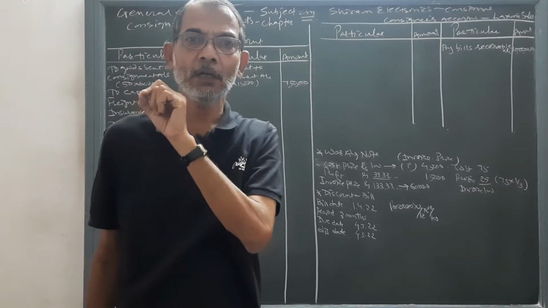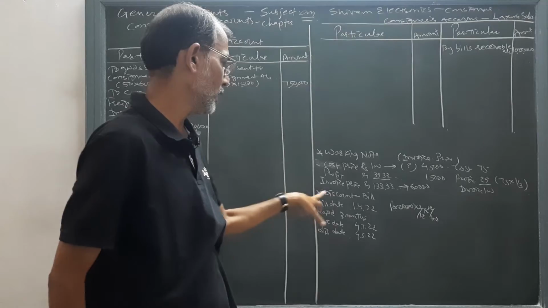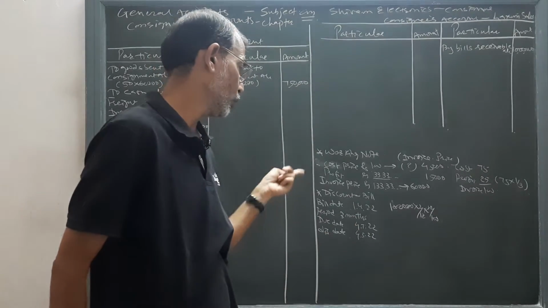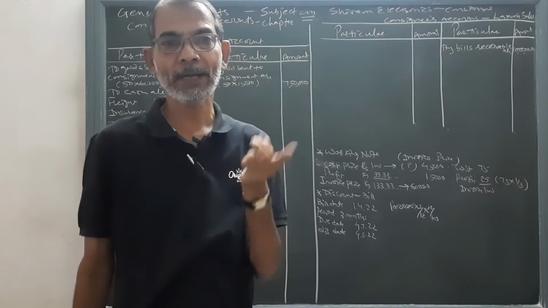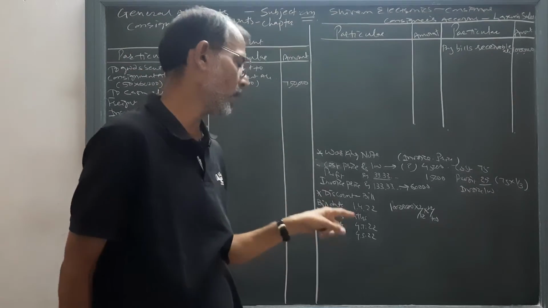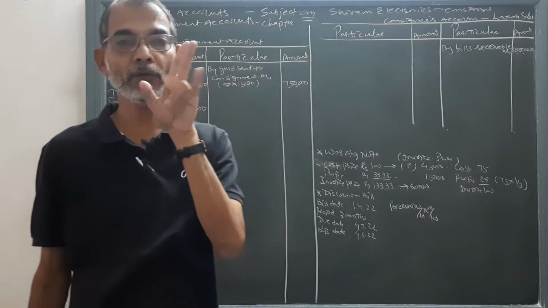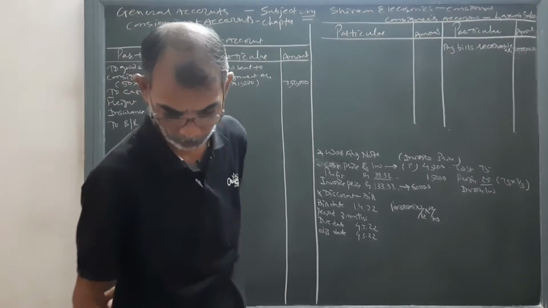The bill was written on 1/4/22 for 3 months, so due date will be 4/7/22, but it was discounted on 4/5, so discount is calculated for 2 months.